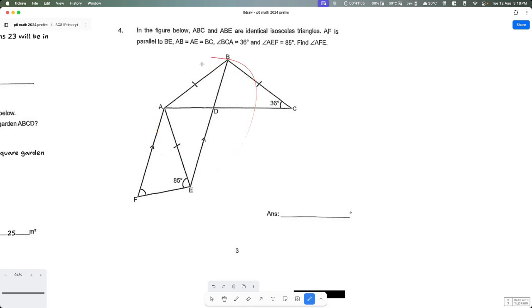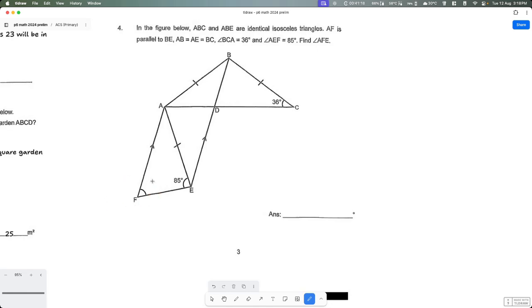Angle BCA is 36 degrees, and angle AEF is 85 degrees. What is the angle AFE?